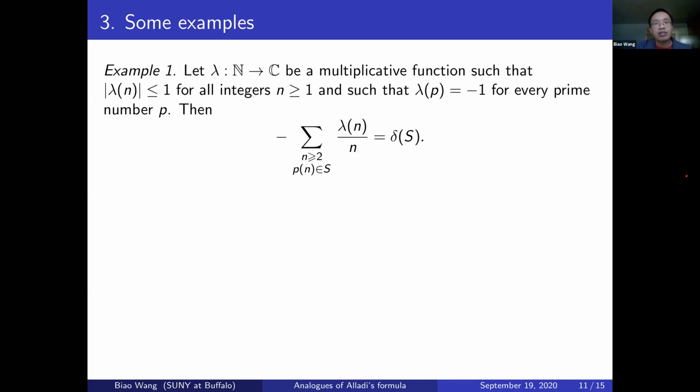Then for such a multiplicative function, we have the Alladi formula. By the way, I also call the Kuros formula an Alladi formula.